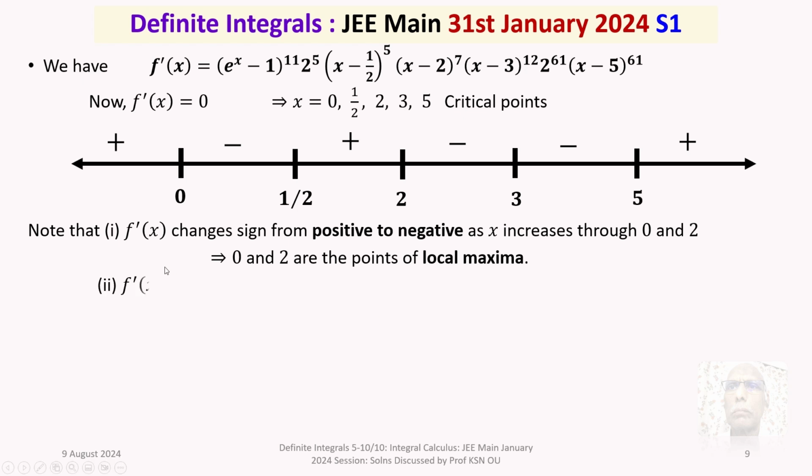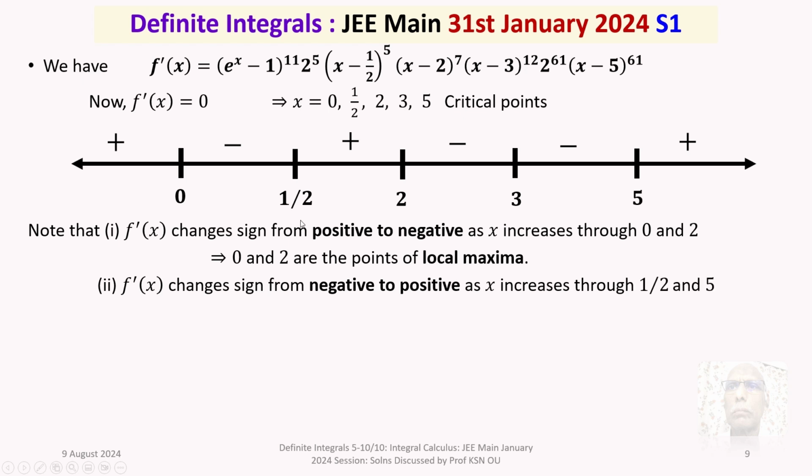Secondly, f prime x changes sign from negative to positive while crossing x equal to 1 by 2 and while crossing x equal to 5. Therefore, 1 by 2 and 5 are the points of local minima.